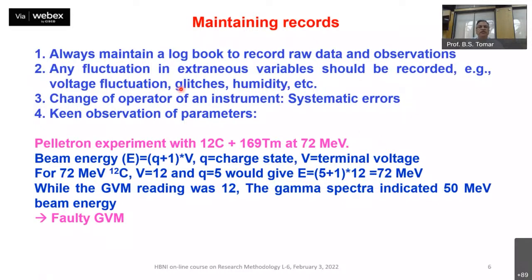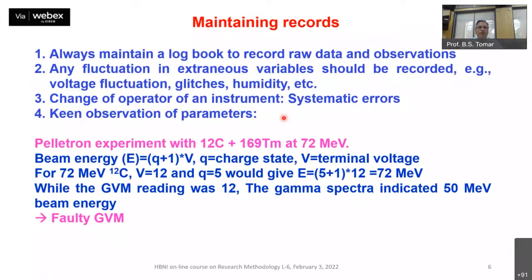Any fluctuation in the extraneous variables should be recorded, like voltage fluctuation, glitches, temperature, humidity, etc. Keep a note of those fluctuations. A change of operator of an instrument can lead to systematic errors, and the key observation of parameters matters. Whatever parameters are to be taken note of, check whether they are proper or not.